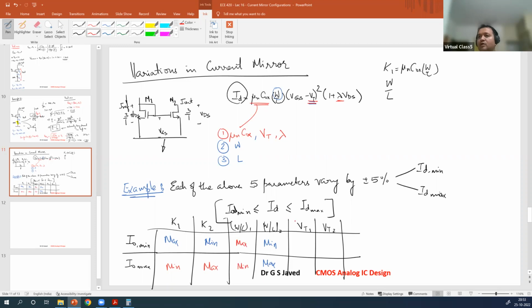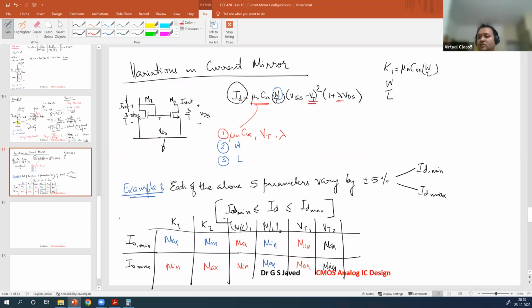This will be min. Now again with VT, VGS minus VT. Which one will have VGS minus VT max? So when I out is min, VT2 will be max. Likewise, you will swap here. Then when VT is min, I out will be max.